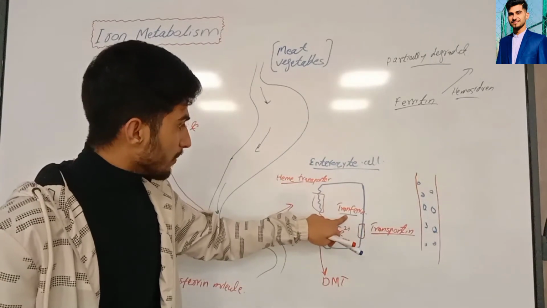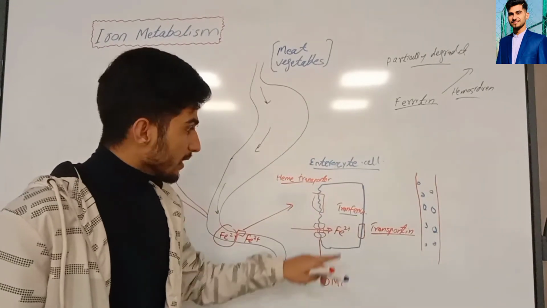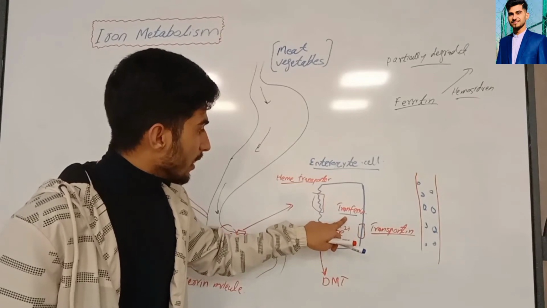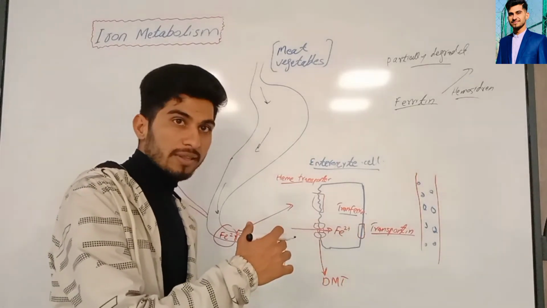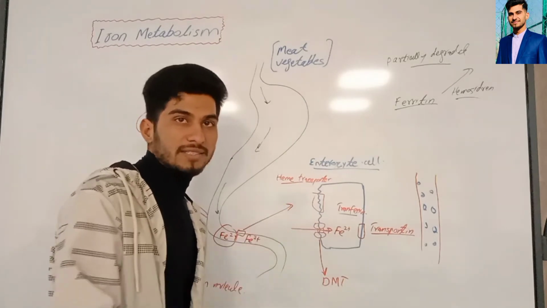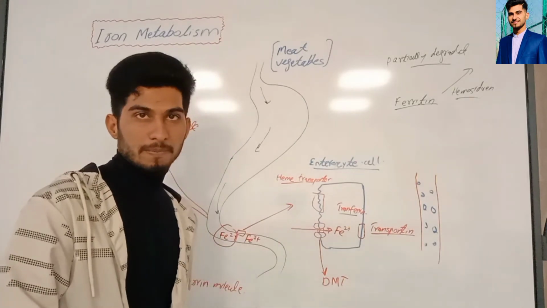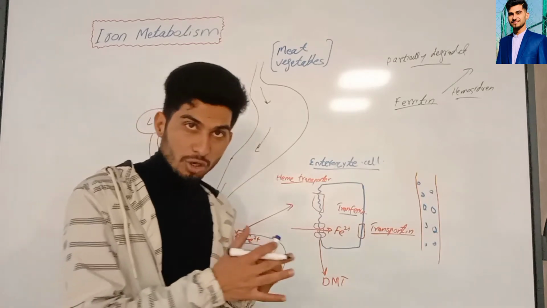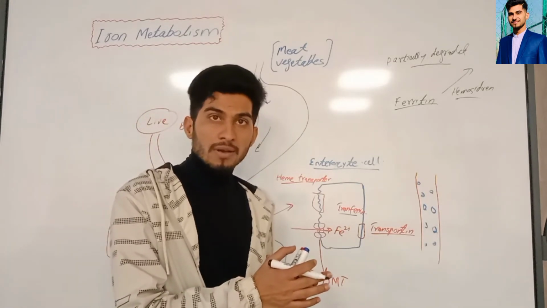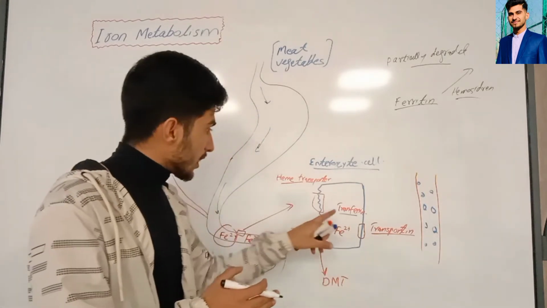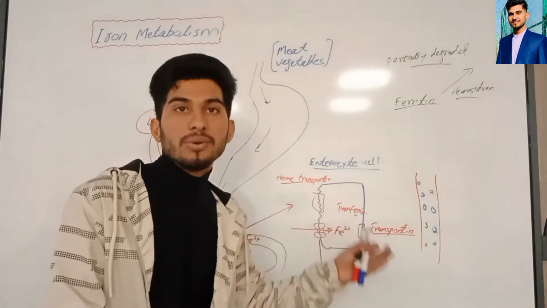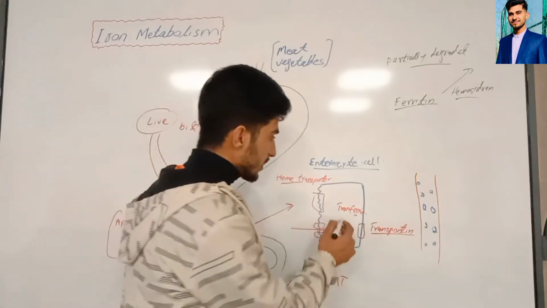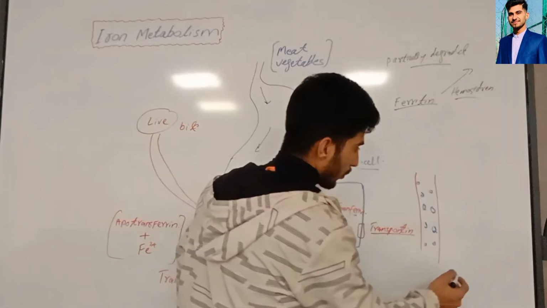Another characteristic of this transferrin molecule is that it has the ability to combine with the receptors on the erythroblast in the bone marrow. Then this erythroblast will absorb the transferrin molecule and transport the iron to form the heme molecule.